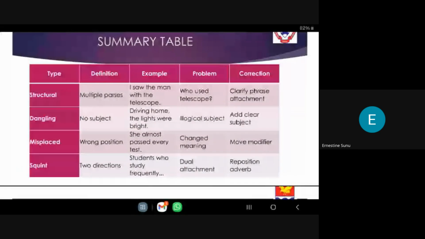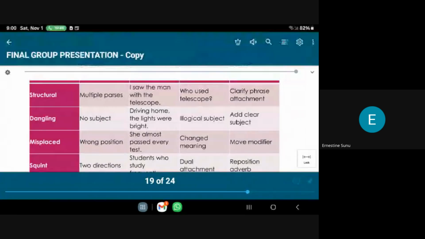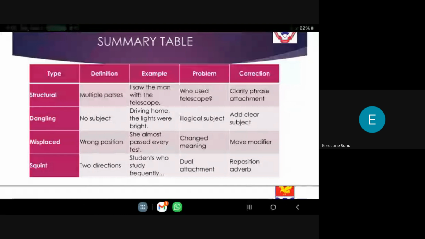So this is our summary table, which covers all that I've presented. Structural has to do with multiple analyses, multiple interpretations of a structure because of the arrangement of the words in that utterance. Example: I saw the man with the telescope. Problem: who used the telescope? Correction: clarify phrase attachment.